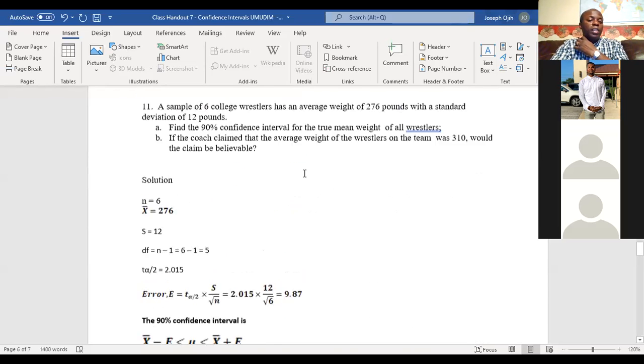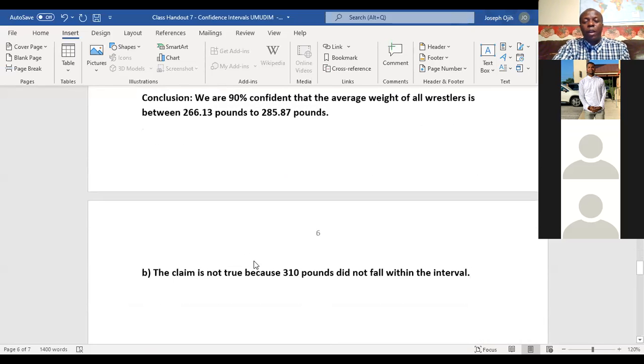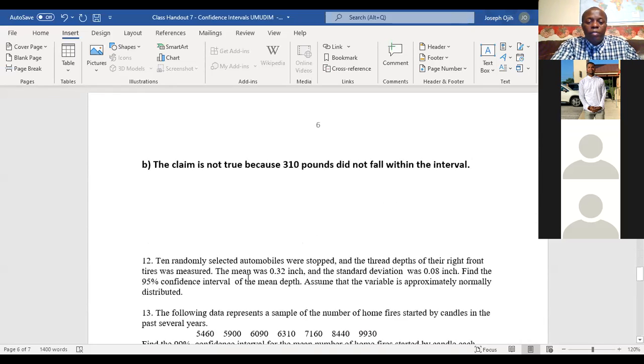It is outside, so that claim will not be believable.